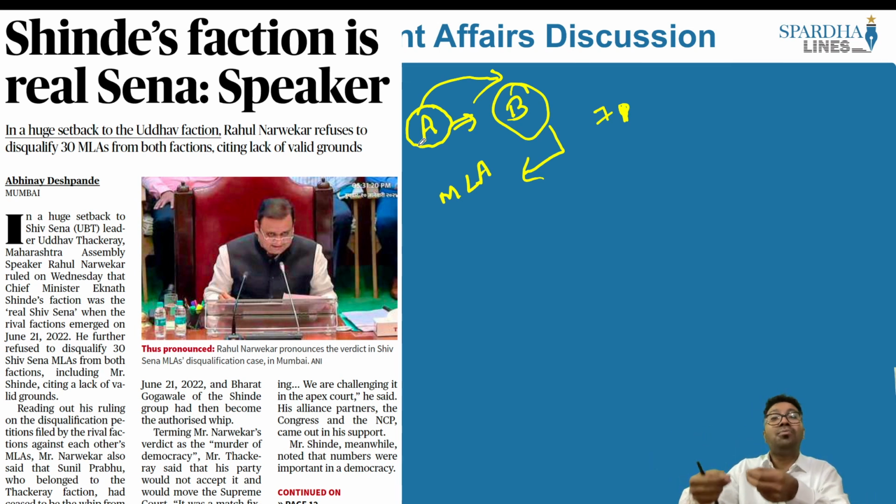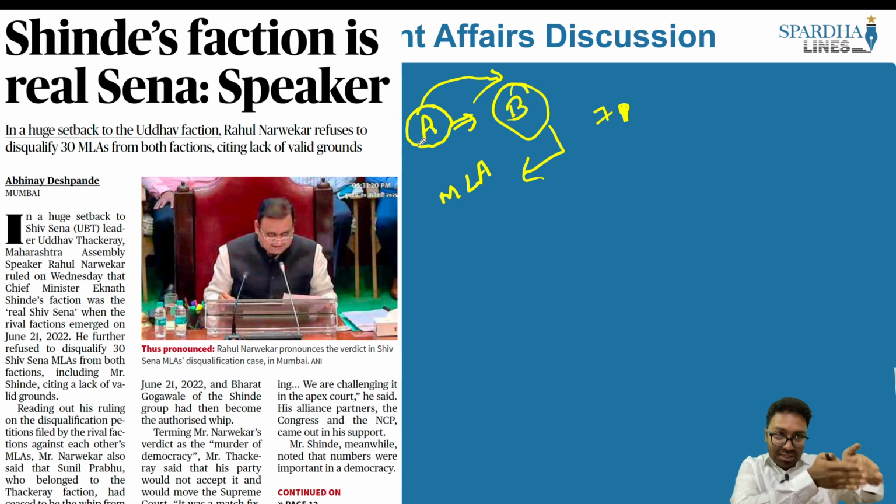And when they form the government, that is where Uddhav Thackeray ji brings it before the Supreme Court of India, and he says that this is the original Shiv Sena and this is not the Shiv Sena that we are looking at. He says that these people will have to be disqualified under the anti-defection law. So a question was asked before the Supreme Court of India: who is the real Shiv Sena?